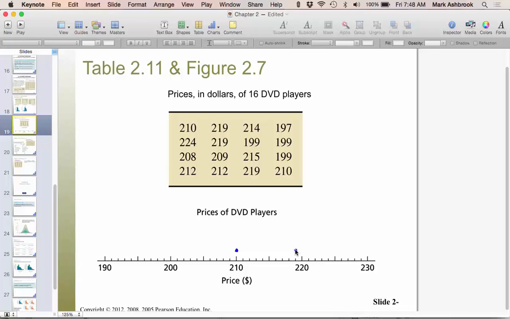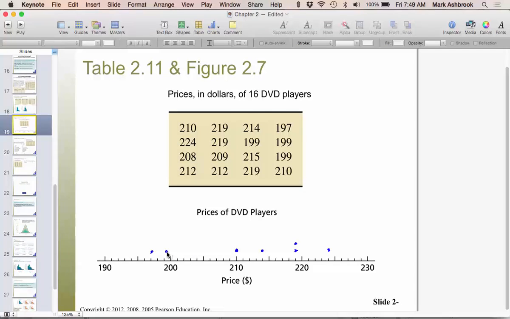Put a dot. That means that one of the DVD players costs 219. 214. 197. 224. 219 again. I'm going to stack it up here. So this is the second one that's 219, so I'm going to stack it right above it.